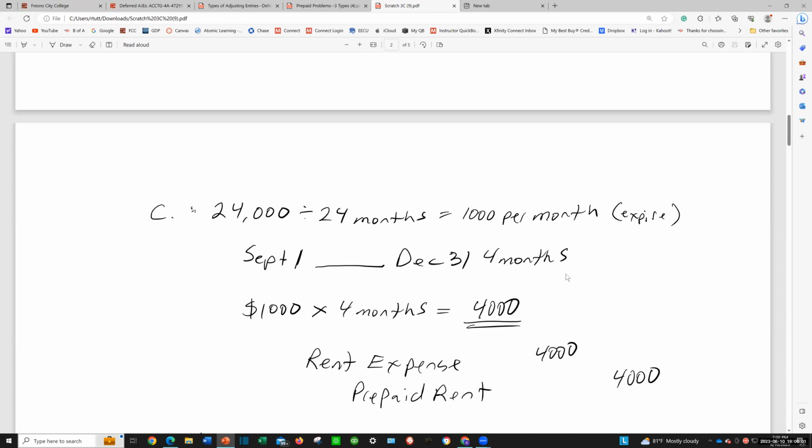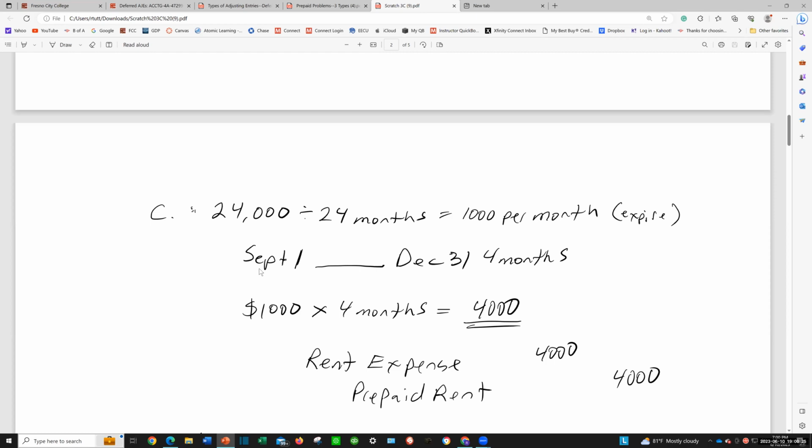And the company debited prepaid rent and credit cash for $2,400. So they debited the asset account, prepaid rent. Okay. So now it's December 31. So how many months were we in the facility, and how much did our prepaid rent expire?